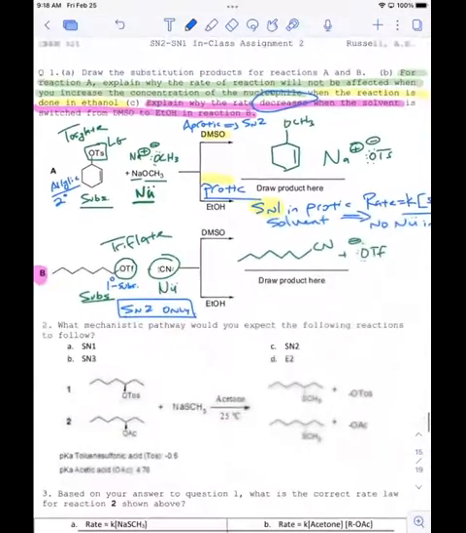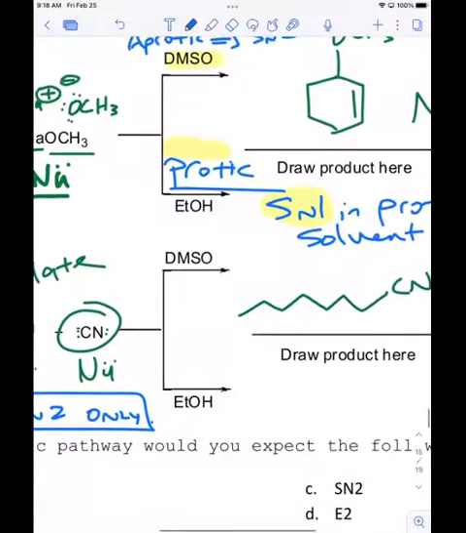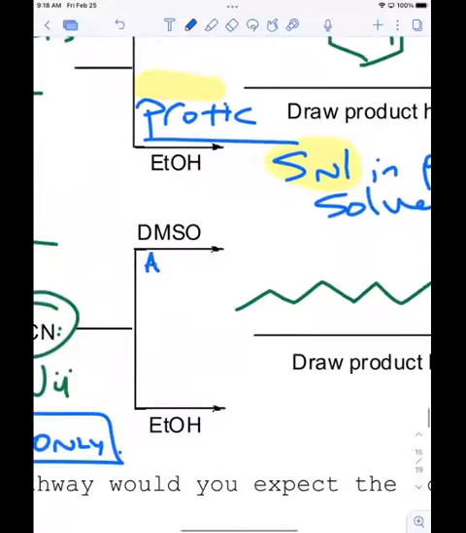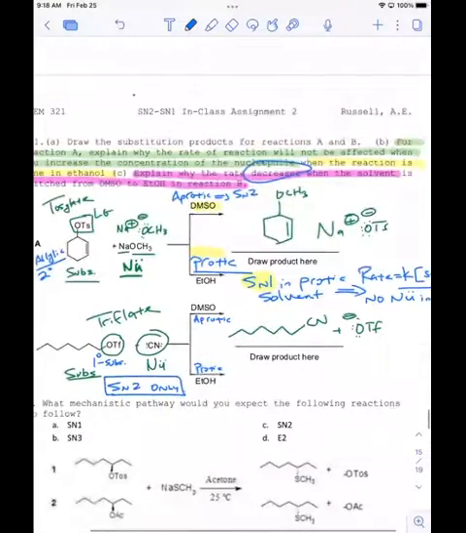All right, so now let's answer the question. If I switch solvents from DMSO, which we just said up top is aprotic, and then ethanol is protic. What did we say happens to a reaction that's going through an SN2 mechanism if you use a protic solvent? What does that protic solvent do?